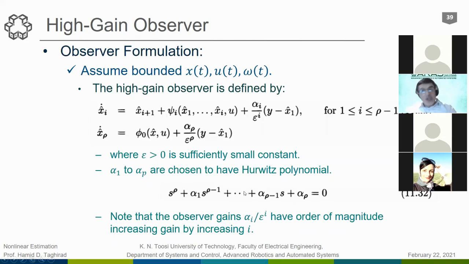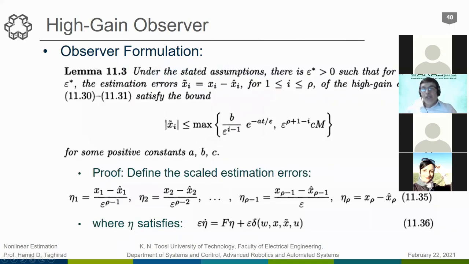So maybe I can conclude here and go through the applications, but if you don't mind, I will give a very good overview of the theorems that are available here. We can see we have the observer formulation as we mentioned here. Under the stated assumptions, there is an epsilon star greater than 0 such that for epsilon smaller than epsilon star, the estimation error x tilde i for all i of the high gain observer satisfies the bound.